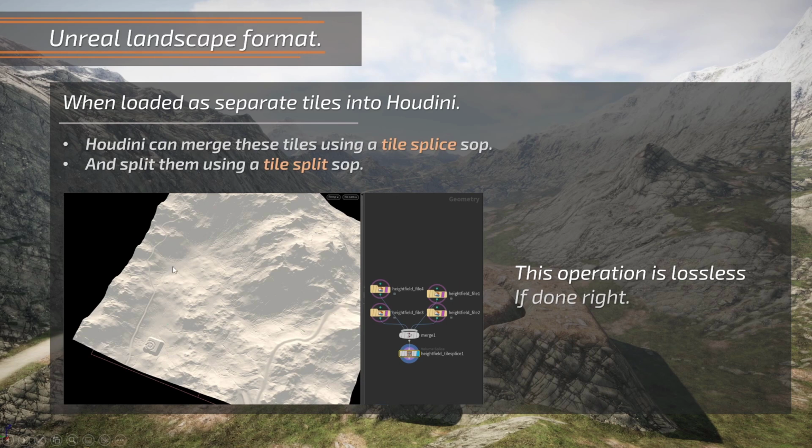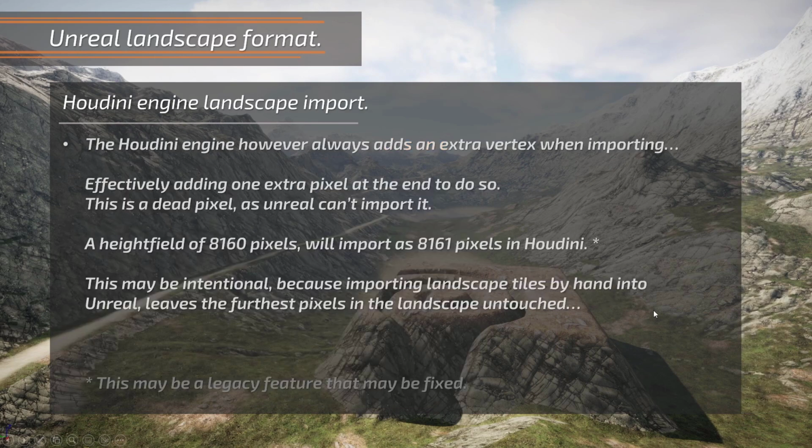So, like I was saying, this tile splice I mentioned is basically a lossless process as long as the resolution is correct, the resolution of your landscape. And then we can use the tile split and tile splice to break it apart and connect it back together again. This works if it's done right.